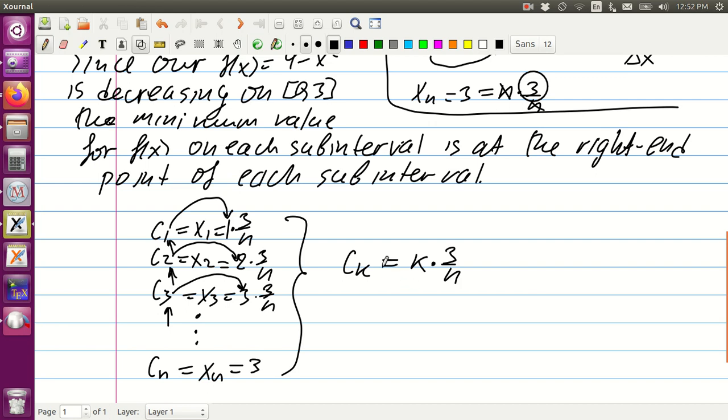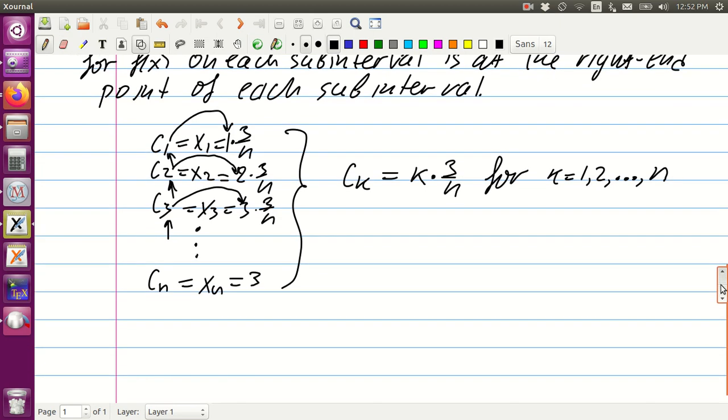This is any c that I want. If I want c sub 5, I'll plug in 5 for k and I will know c sub 5. If I want the last one, c sub n, I can plug in n for k and I will get 3. If I want the first one, it's going to be 1 times 3 over n. So this gives me all c sub k's for k changing from 1, 2, dot dot dot, n.